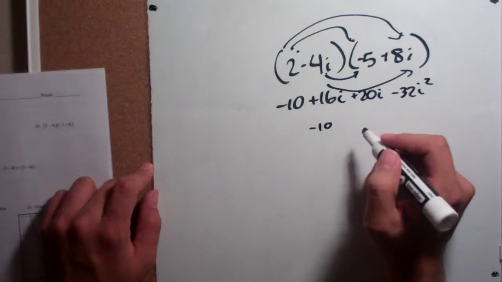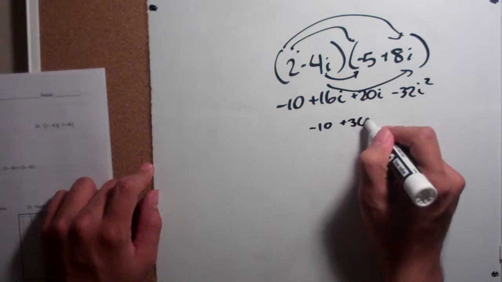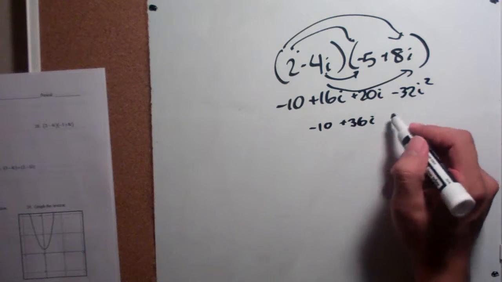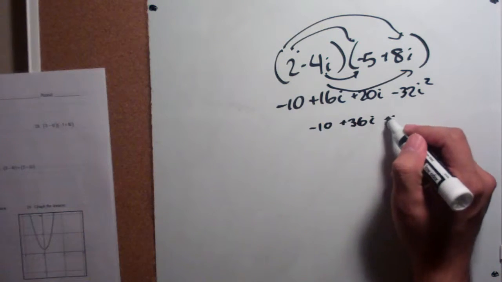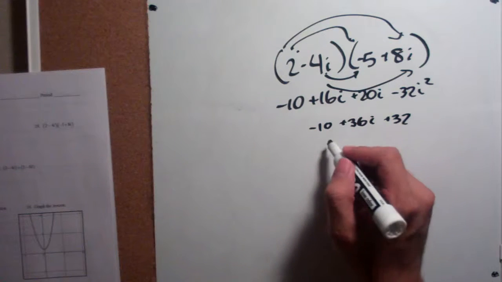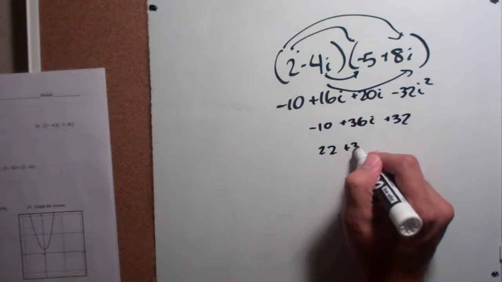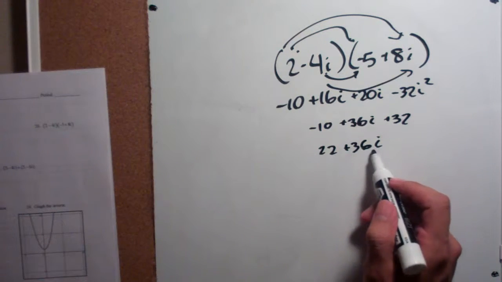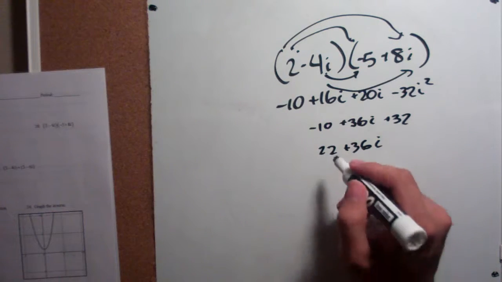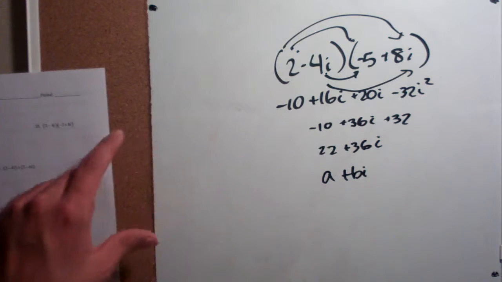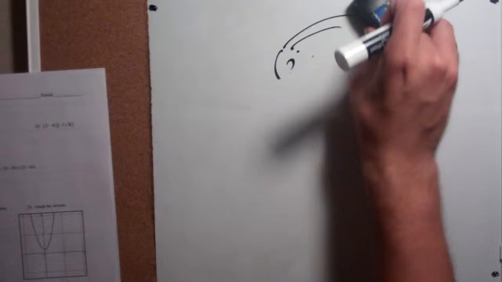So we have -10 plus 36i, and i squared is -1, so -32 times -1 is a positive 32. We can combine these two terms here. So this will become 22 plus 36i. We put our imaginary term second and our real term in front to be in the form a plus bi. Always. So you do not switch them. Always put it in that form.